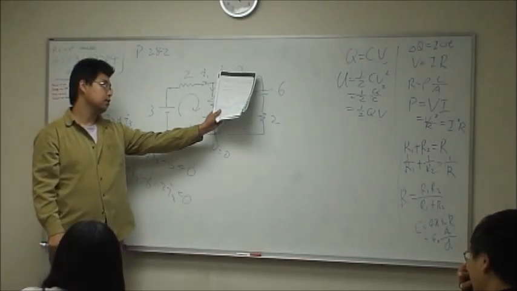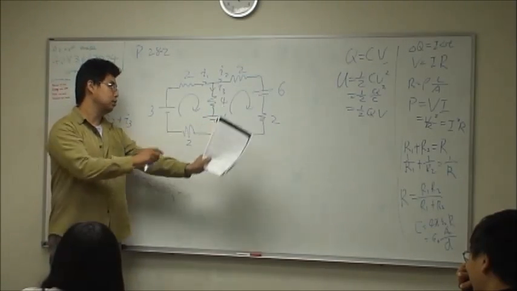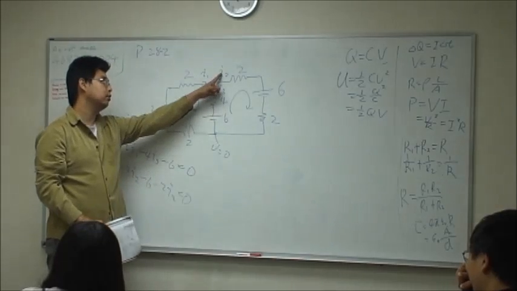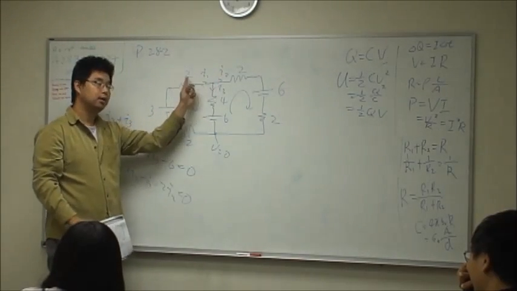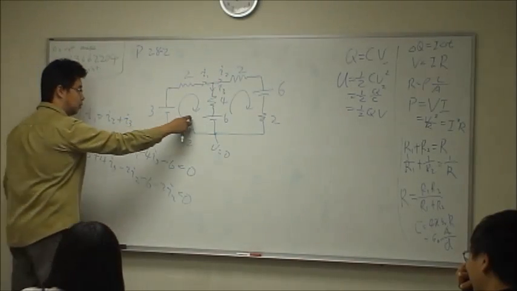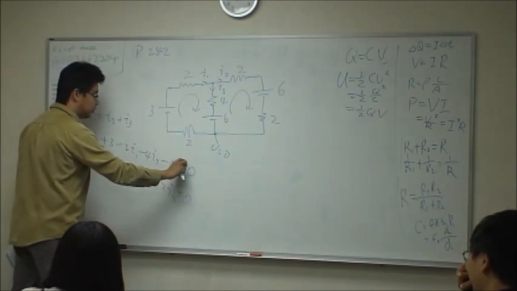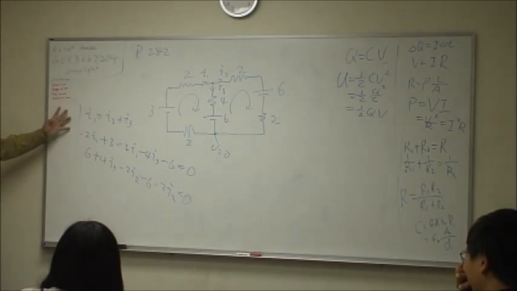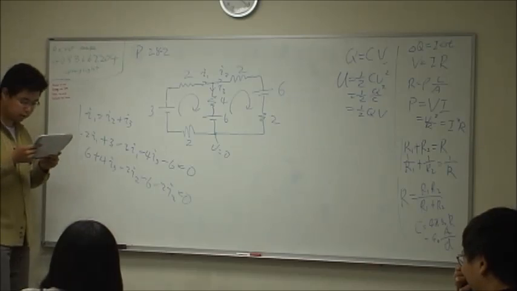In a lot of questions, you don't have the second arm, so you only have 1 loop with 1 unknown I1. You don't have I2, and I3 is equal to I1. So you have 1 unknown, 1 loop, 1 equation to solve for I1. That's normally what we did. But in this case, we have 2 loops, so we have 3 unknowns and 3 equations, and you can solve it. The result is in the textbook.